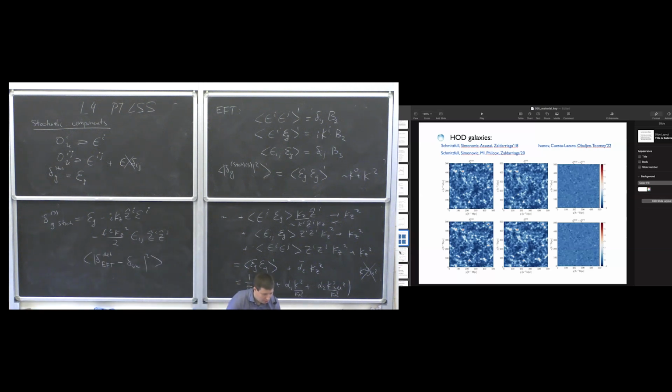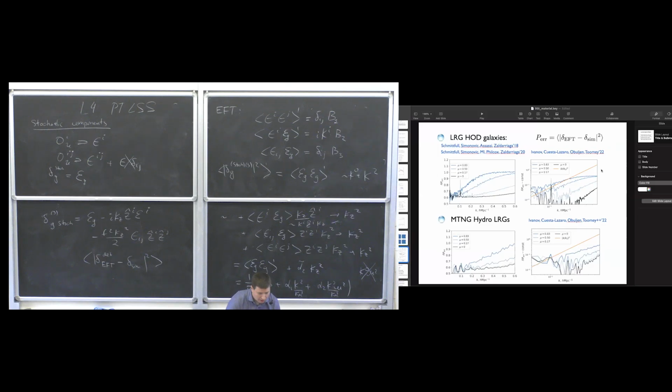So you can check how the stochastic component looks in the actual simulation, and you see that indeed it precisely matches the EFT prediction. So the error power spectrum, the stochastic power spectrum, is constant. It's white on very large scales, and then the scale dependence begins as k squared.